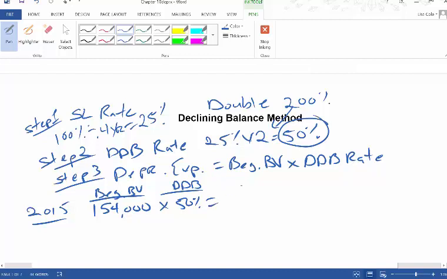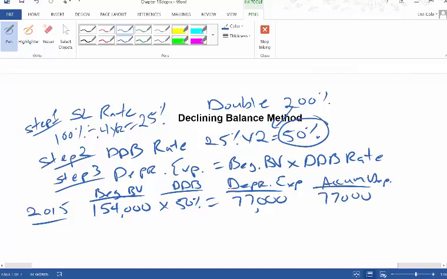Therefore, my depreciation expense for this first year would be $77,000. And if I'm tracking my accumulated depreciation, the first year accumulated depreciation would be simply $77,000.